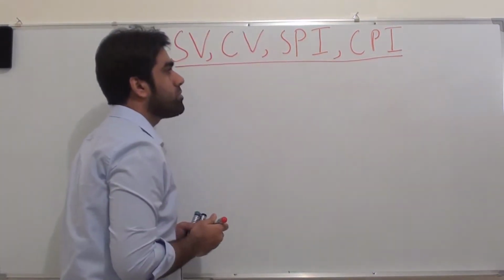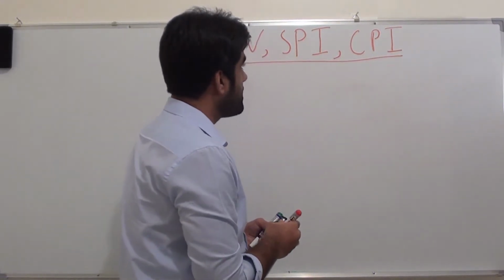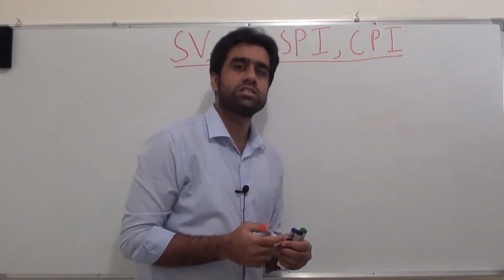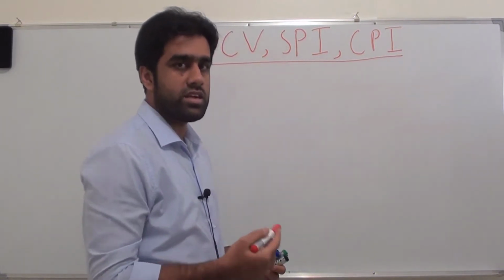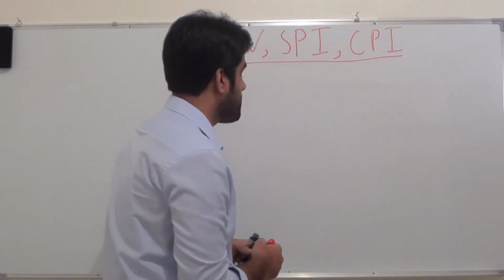Let's continue from the same example that we discussed in the last slide to understand AC, EV, PV, and BAC.